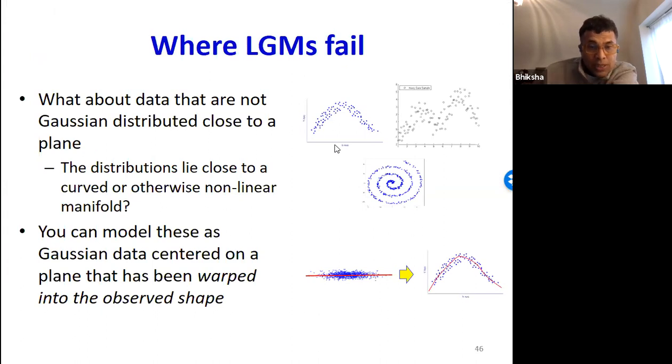But linear Gaussian models only model Gaussian distributions which are close to a linear hyperspace. What if you have distributions of this kind? Distributions that are not Gaussian distributed close to a plane, but something more like this. So here is a distribution that kind of lies close to a helix, right?